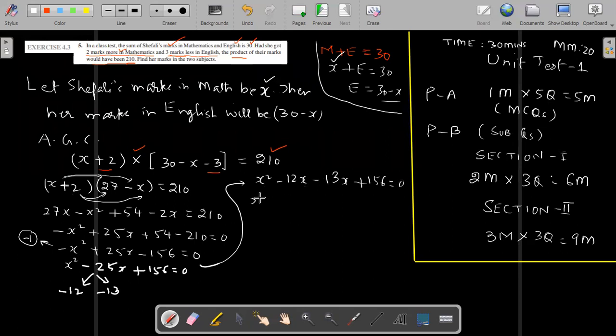Take out the common term: x is common here, x minus 12. Here you can take minus 13 common, it will become x minus 12. And x minus 12 is common outside, so we get x minus 13 is equal to 0. So x is equal to 12 or x is equal to 13.